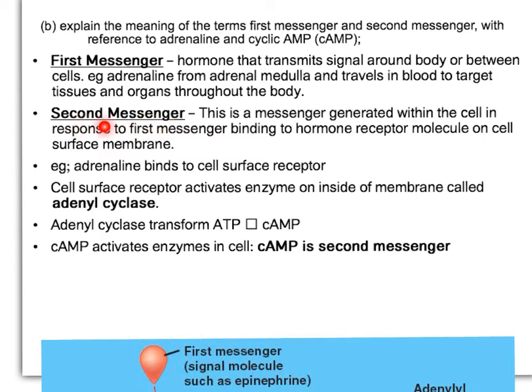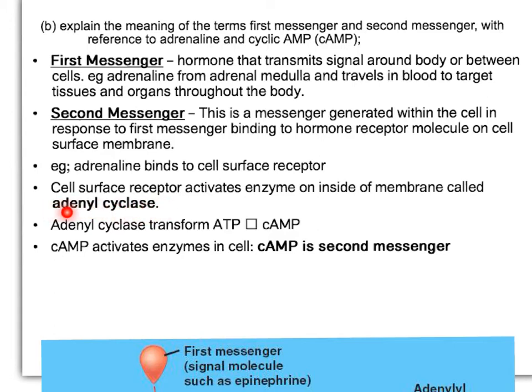The second messenger is the substance that's produced as a result of the first messenger inside the target cell. An example is adrenaline binding to the cell surface receptor, which switches on an enzyme called adenyl cyclase.